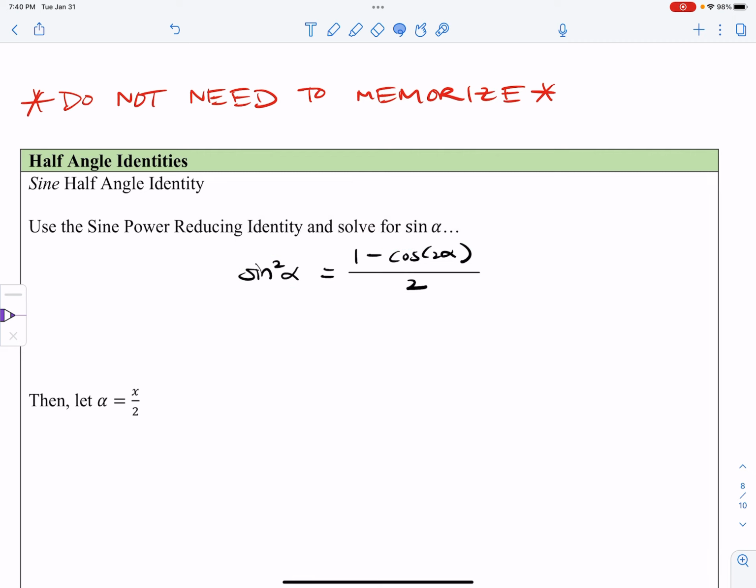And solving for sine alpha, well, we'd get sine alpha is plus or minus the square root of 1 minus cosine 2 alpha all over 2.